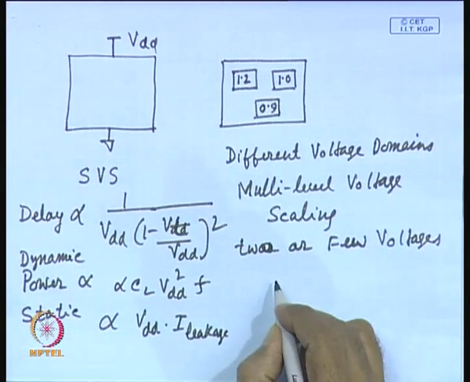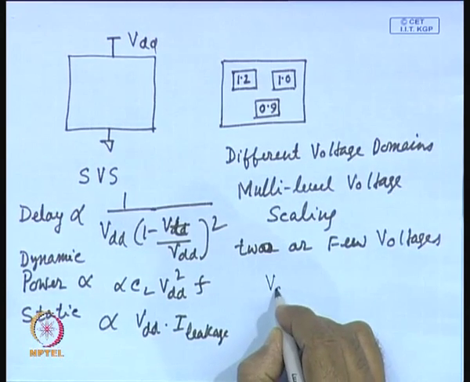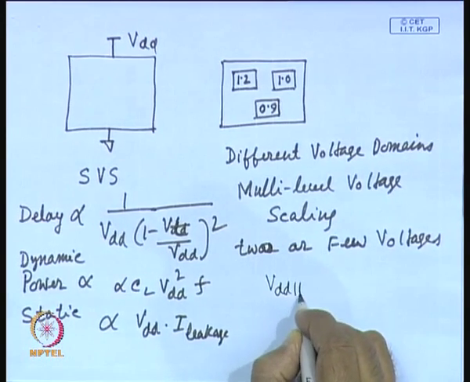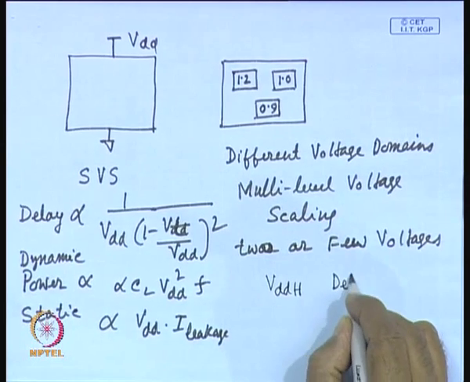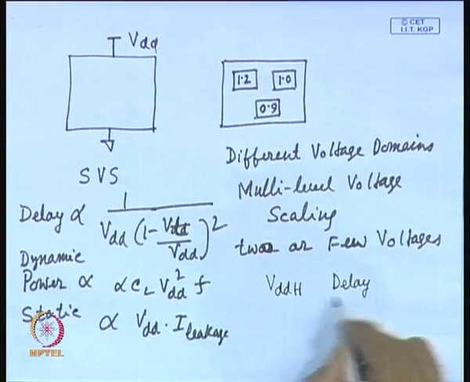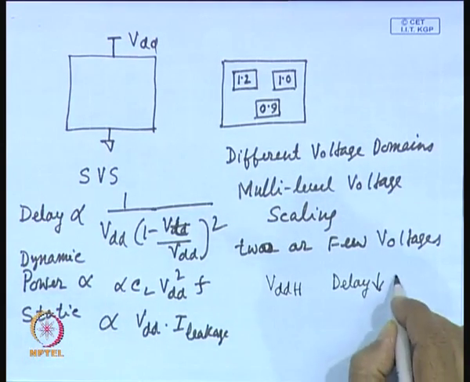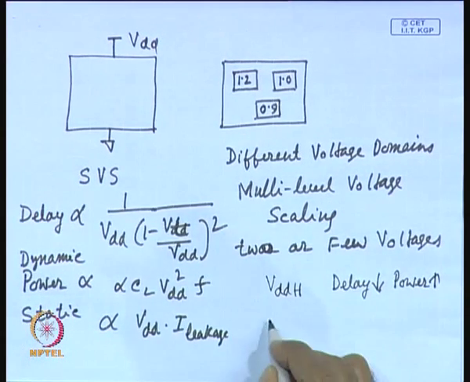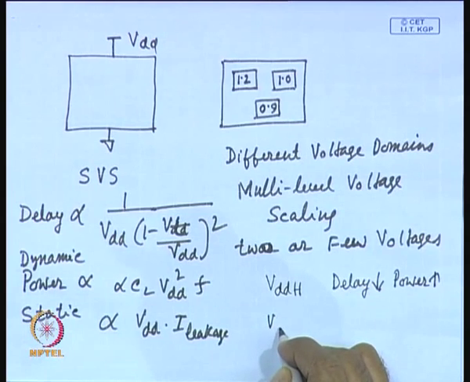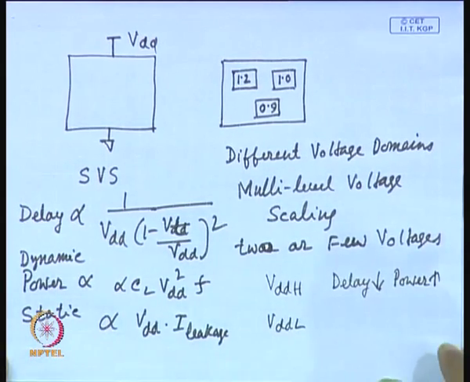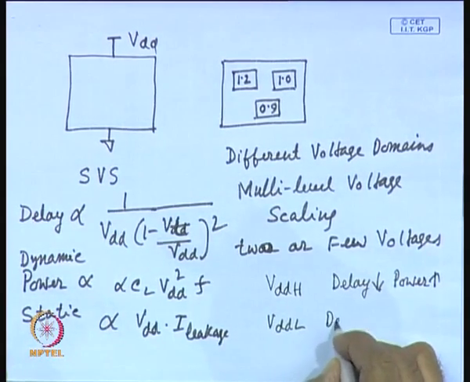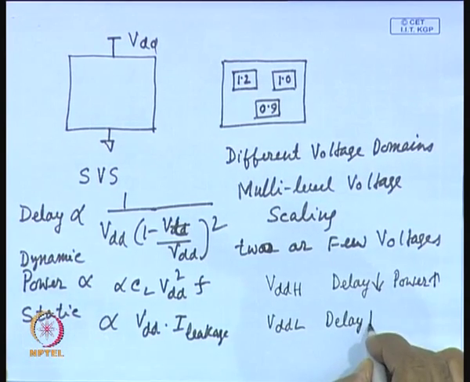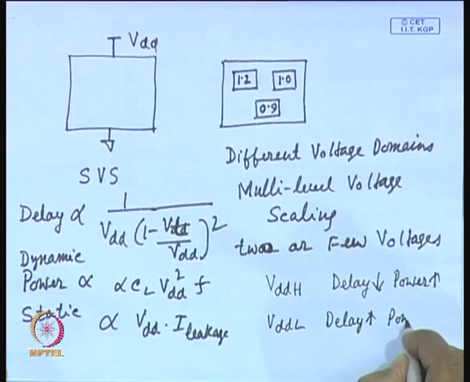So, we can say that if we use high VDD, then delay is less and power is more. On the other hand, if you use a lower supply voltage, VDD low, then delay is more, but power is less.